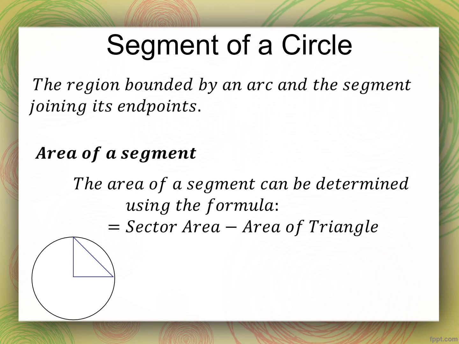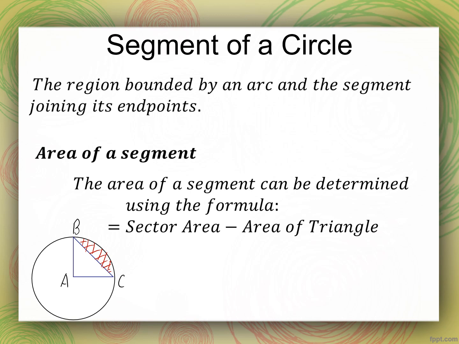Let's say this is circle A, then let's name these B and C. The segment of a circle that we are talking about here is this part. That red part there is what we call a segment.